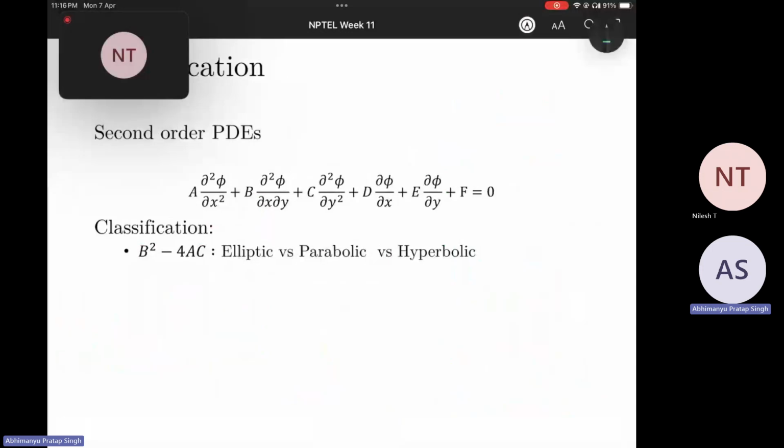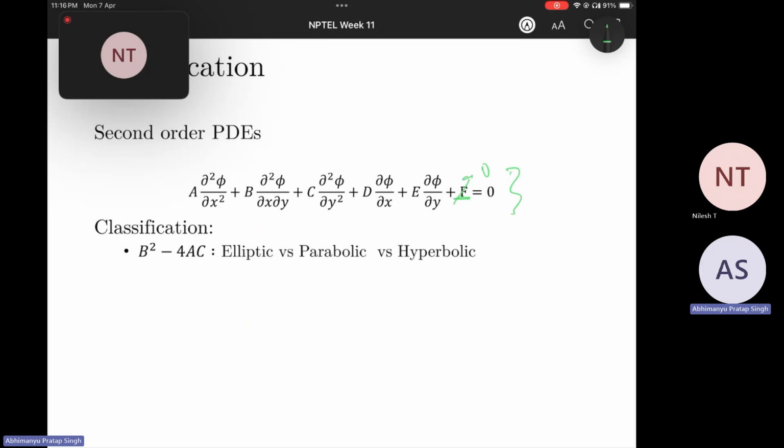The next part is the classification of PDEs. This is the general structure of a PDE. If we have this F term, then it is called an inhomogeneous or non-homogeneous PDE, and if this F term becomes zero, then it becomes a homogeneous PDE.